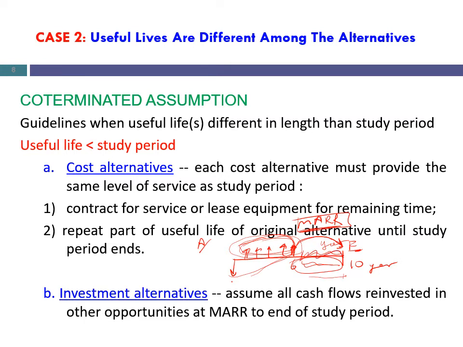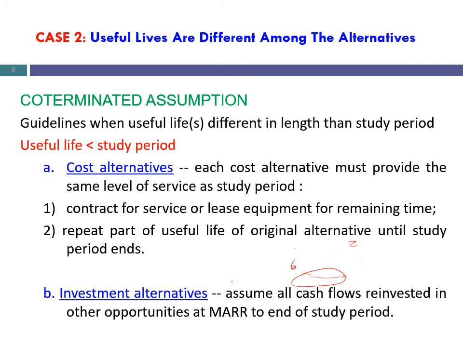So we fill in this gap either by finding another project alternative or assuming that we can reinvest that amount of money with the MARR as the interest rate or the return rate. Okay, so for an investment alternative, we can do the adjustments in these ways.